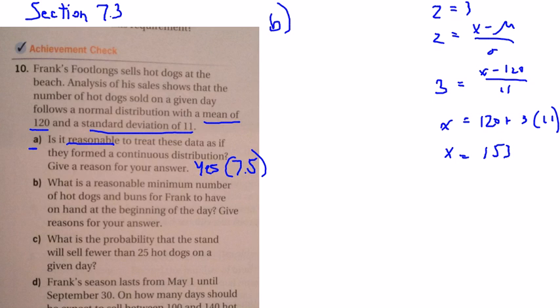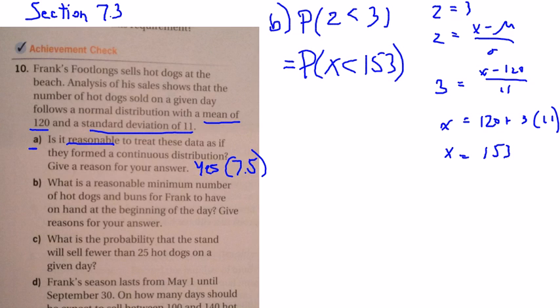Now, the probability that Frank sells, I'll just say the probability that Z is less than 3, we know that's, well, basically what we're saying is that's approximately the same as the probability that X is less than 153.